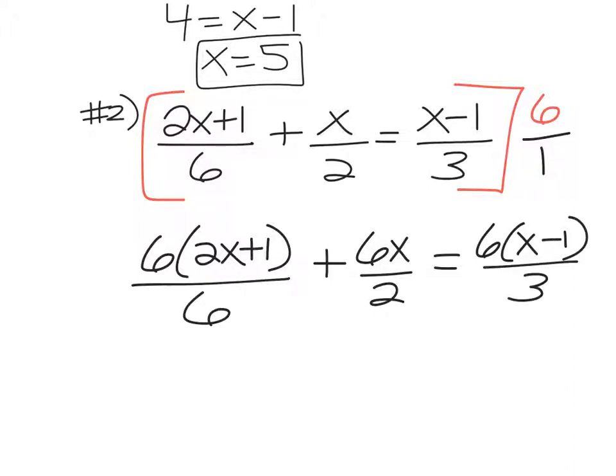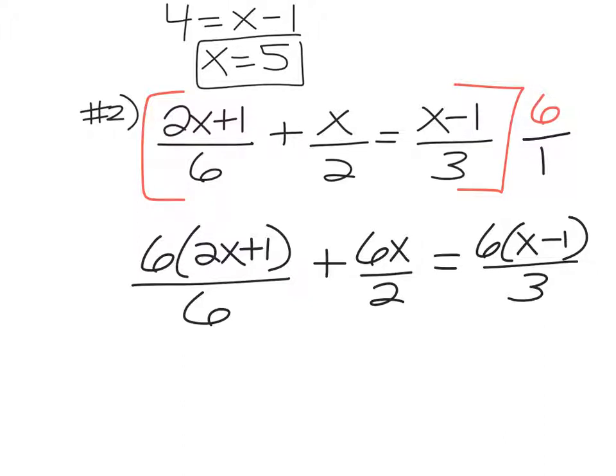You're very tempted to distribute, but I'm telling you not to because you're actually going to reduce. And in order to reduce, you want factors. So why would you distribute when you actually then will have to factor? We did this type of thing in the last lesson. These are a little bit harder.